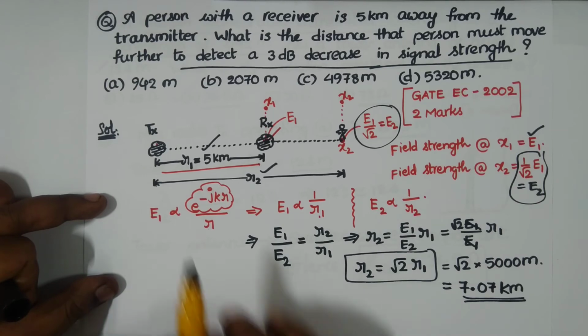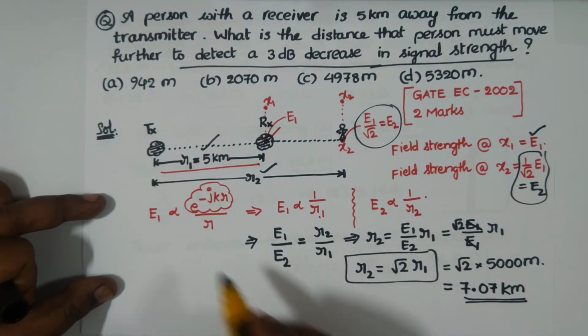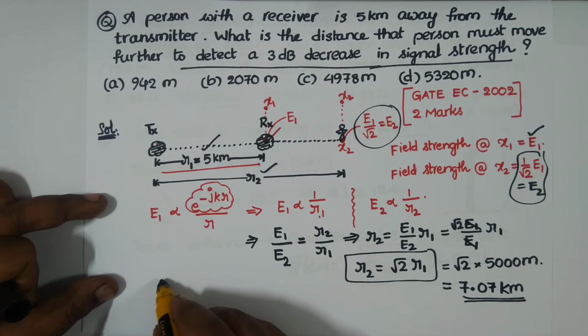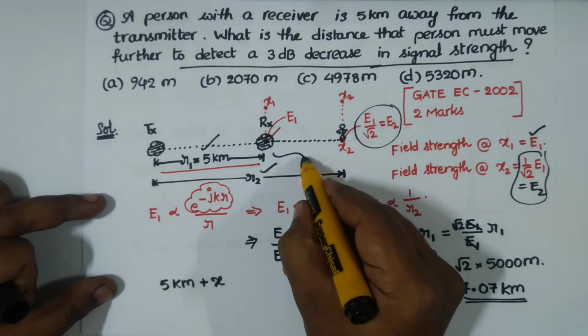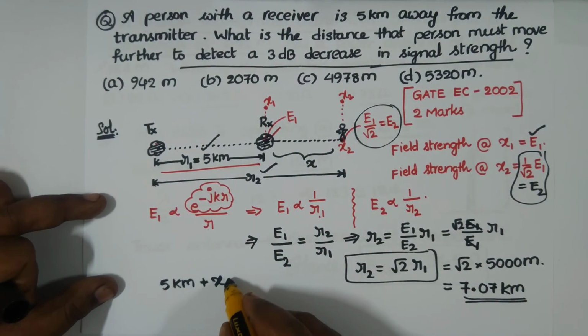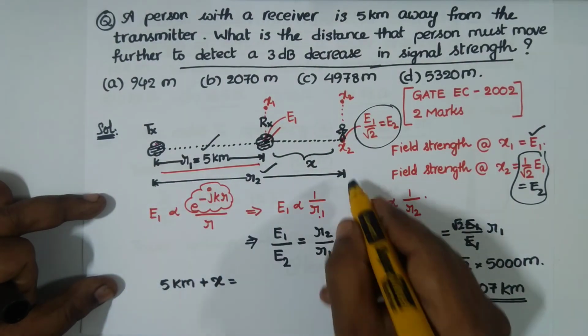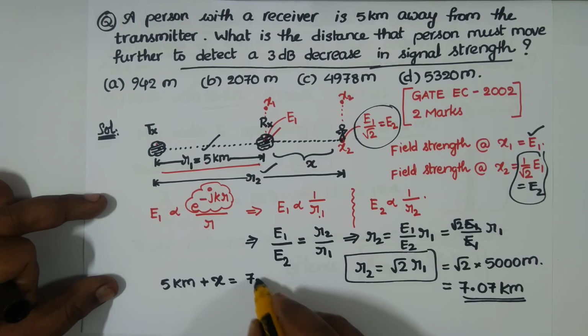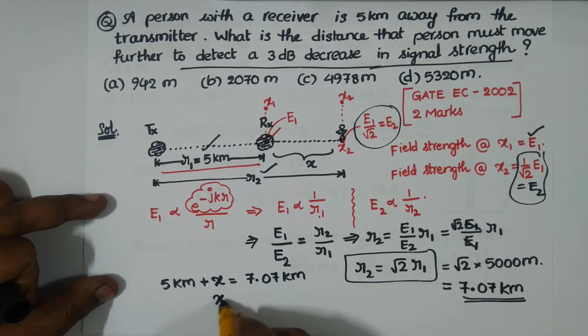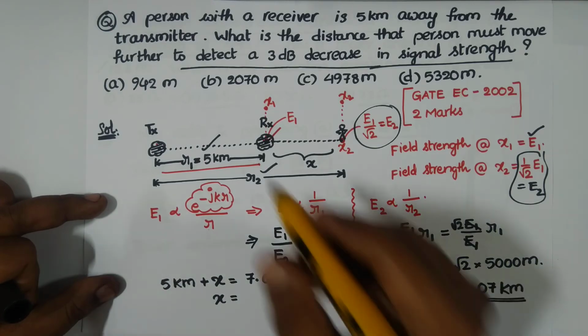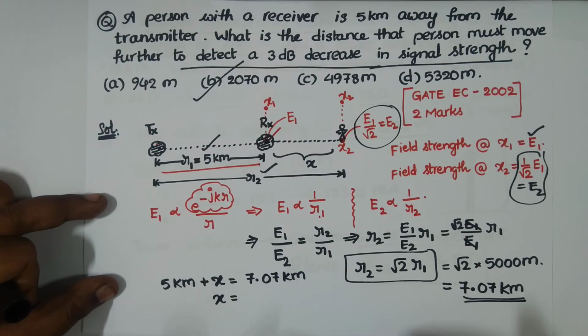Otherwise, we could say 5 kilometers plus some x is equal to R2, which we obtained as 7.07 kilometers. Then x equals 2070 meters.